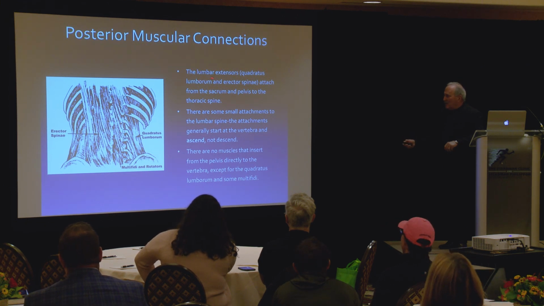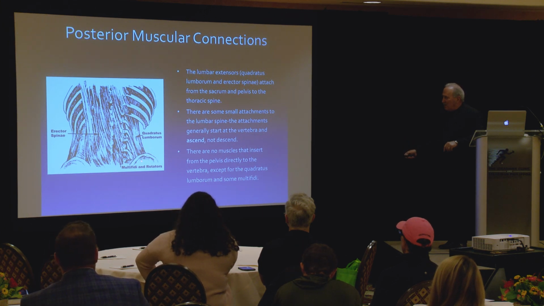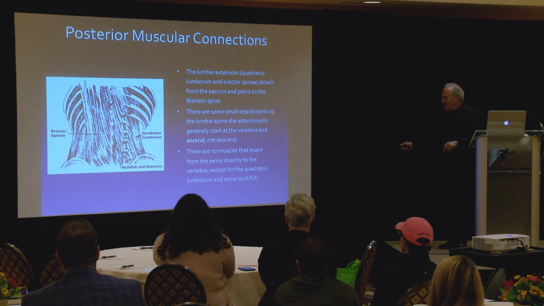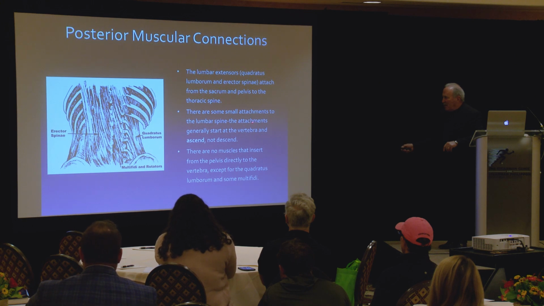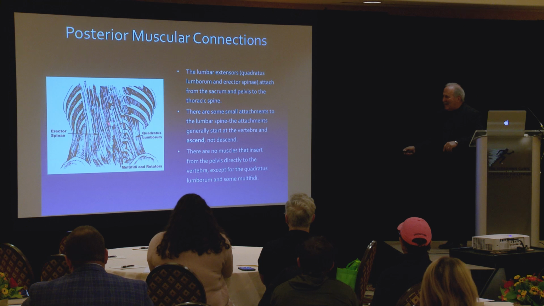So, posterior muscular connections. The lumbar extensors, the quadratus lumborum and erector spinae, attach from the sacrum and the pelvis to the thoracic spine. There are some small attachments to the lumbar spine, but the attachments generally start at the vertebra and ascend, not descend.